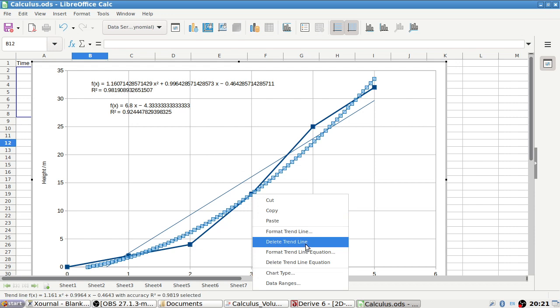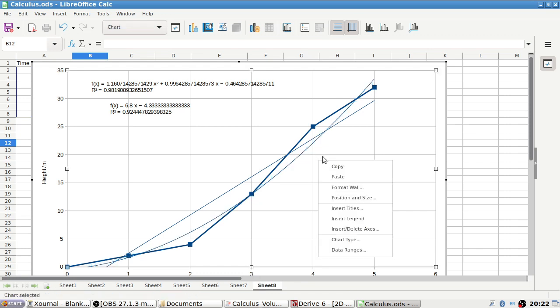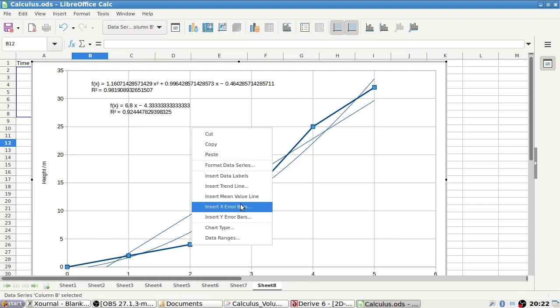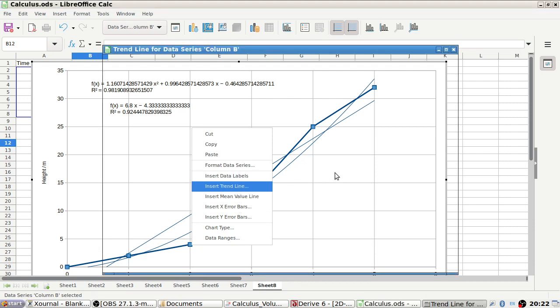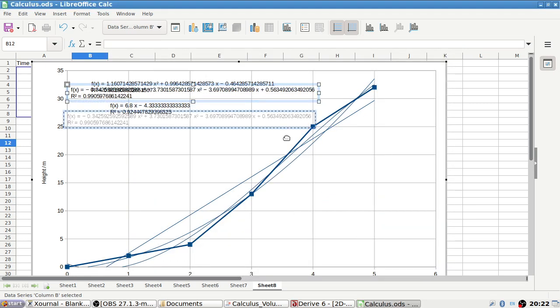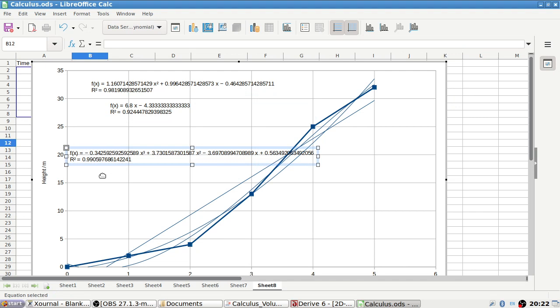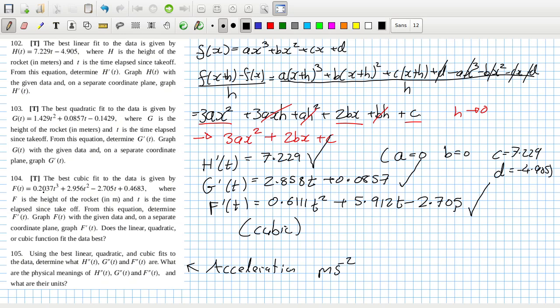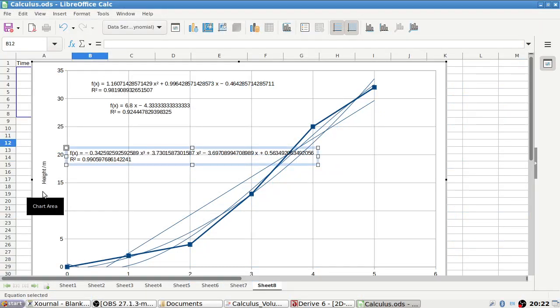And is it the same equation? Let's have a look. Oop. Cubic is 99% fit. Is it the same equation? No, it's not the same equation, actually.